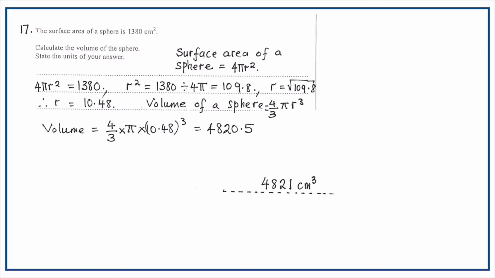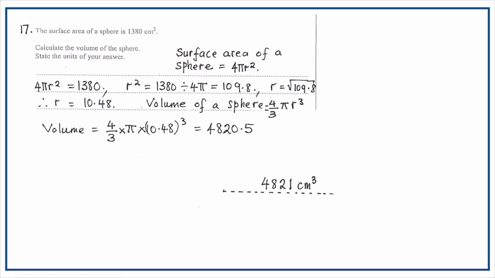R squared equals 1,380 divided by 4 pi, which equals 109.8. Therefore, R equals the square root of 109.8. Therefore, R equals 10.48.